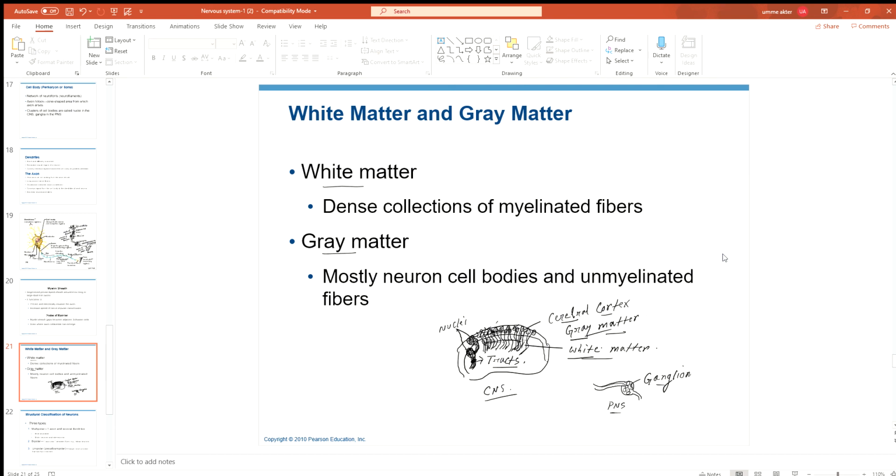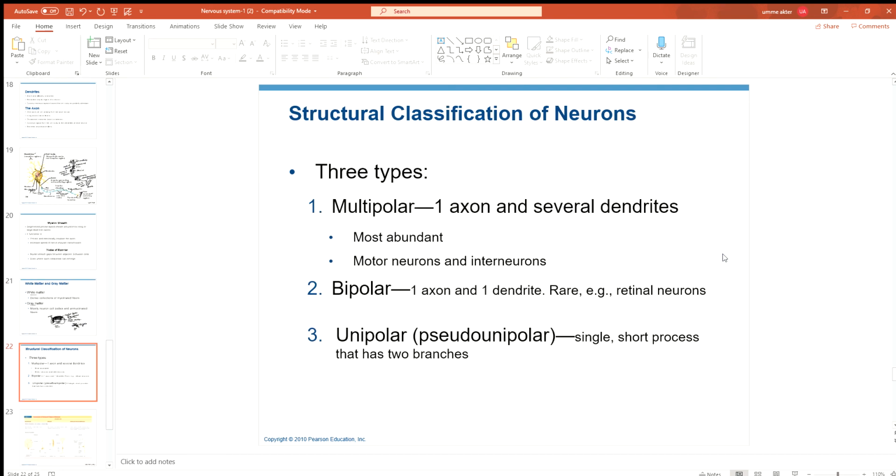Similarly, these are the nerve fibers, myelinated axons in the peripheral nervous system, and a bundle of them forms a nerve. So in the peripheral nervous system, a bundle of axons is called a nerve. In the central nervous system, a bundle of axons is called a tract. Those are some structures we often see in the central and peripheral nervous system.